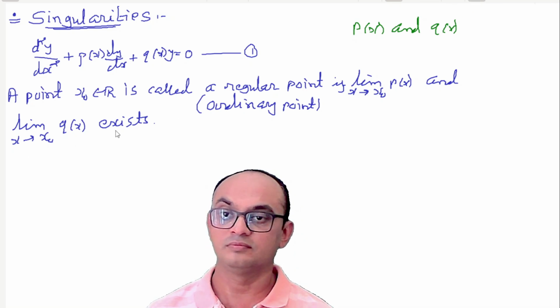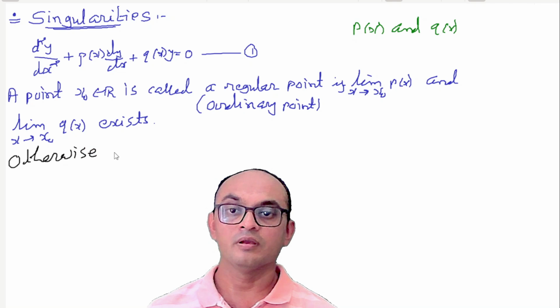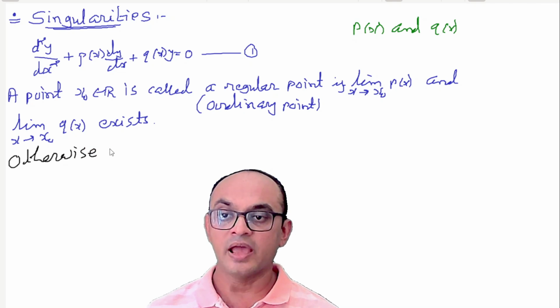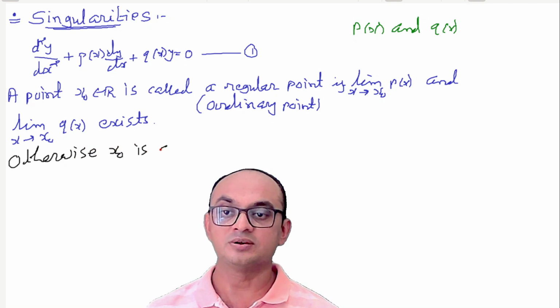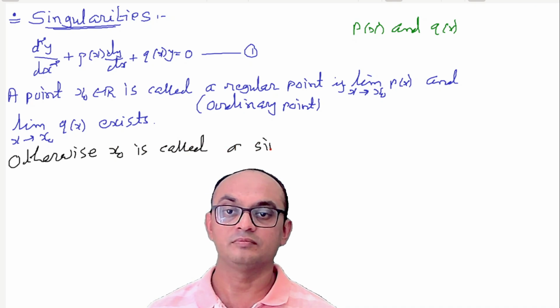Otherwise x0 is called a singular point.